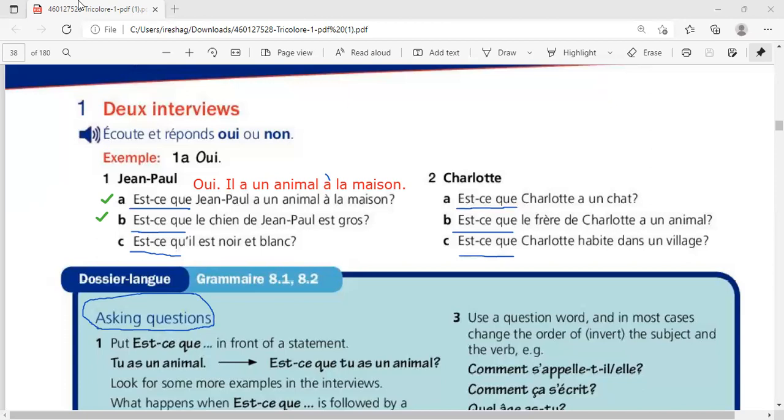Have you completed the answer? Check your answer. I write no.